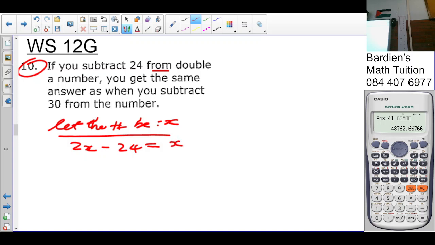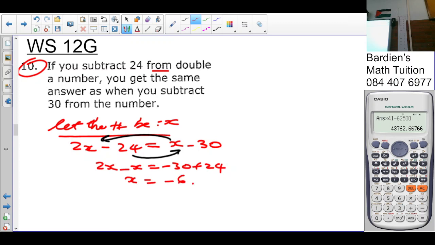So it's going to become x minus 30. So what do I do now? x is one side, numbers the other side. It becomes 2x minus x is equal to minus 30 plus 24. So x is equal to minus 6. Okay?